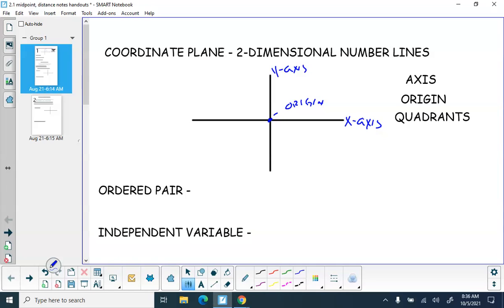Question is, how do we number these quadrants? Mason, how do we number these quadrants? You remember? Top right is number what? Okay. So we have top right is Roman numeral 1, then Roman numeral 2, then 3, and 4.